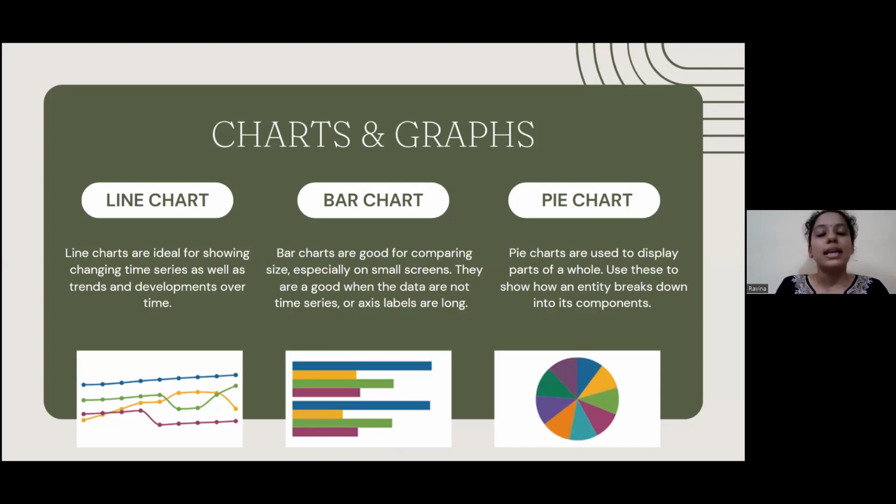For this, we'll take an example: we are dealing with the rice yield results of India, where the x-axis is the state of India and the y-axis is the percentage of yield, where this state is yielding much higher rice, whereas another state yields less. So this is how we use a bar chart.